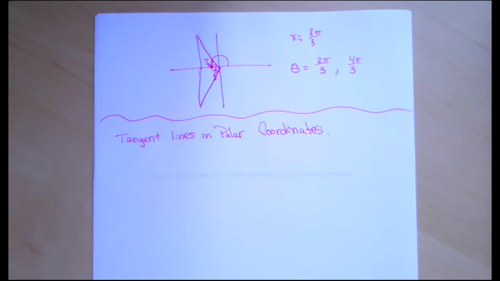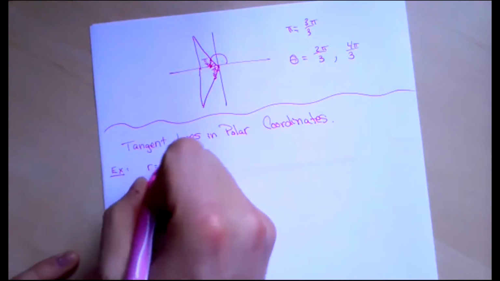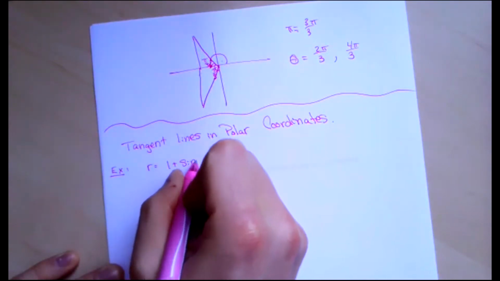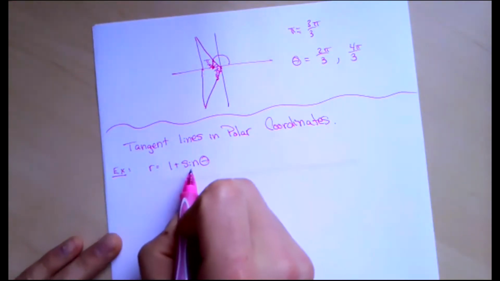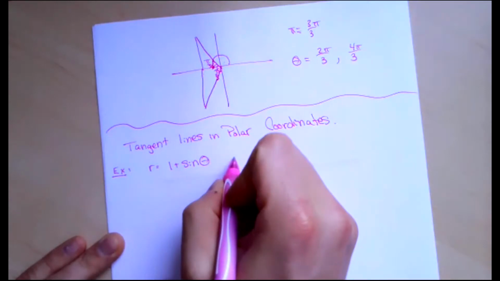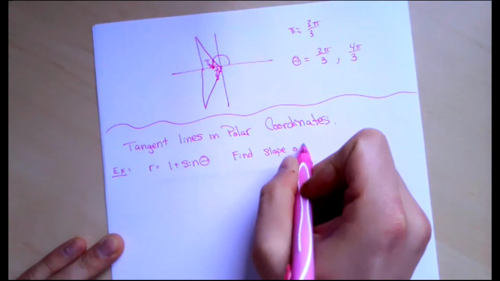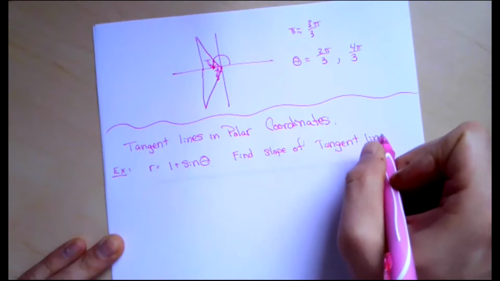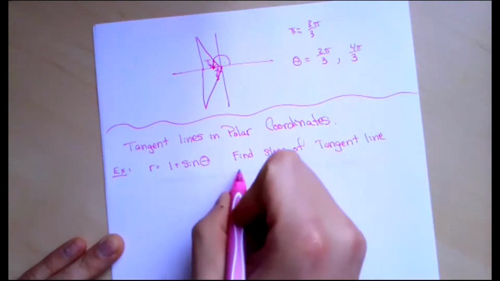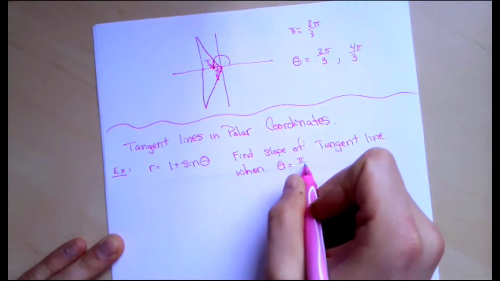So for example, if we have r is 1 plus sine theta, and we want to find the slope of the tangent line when theta is pi over 3.